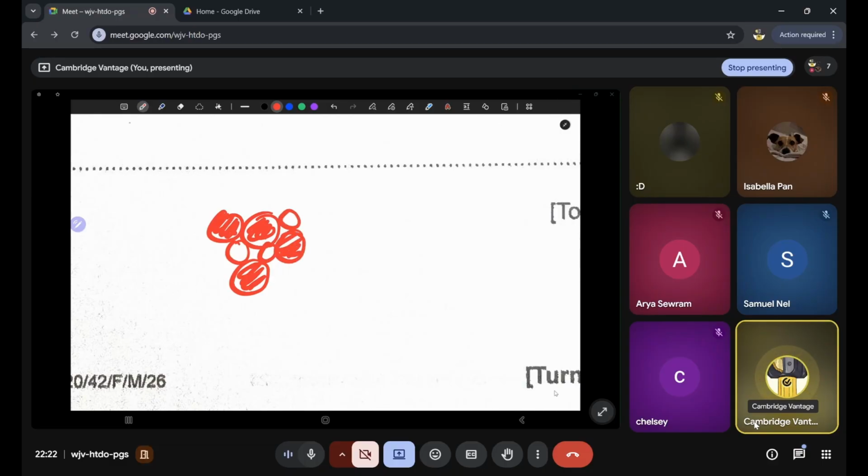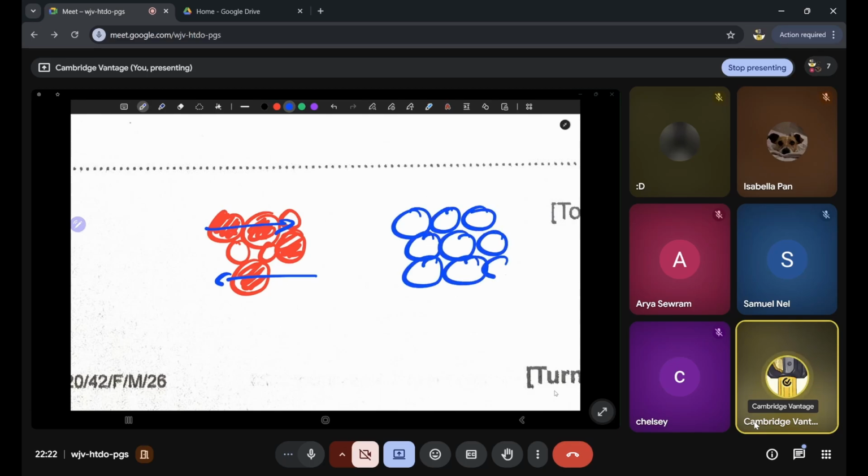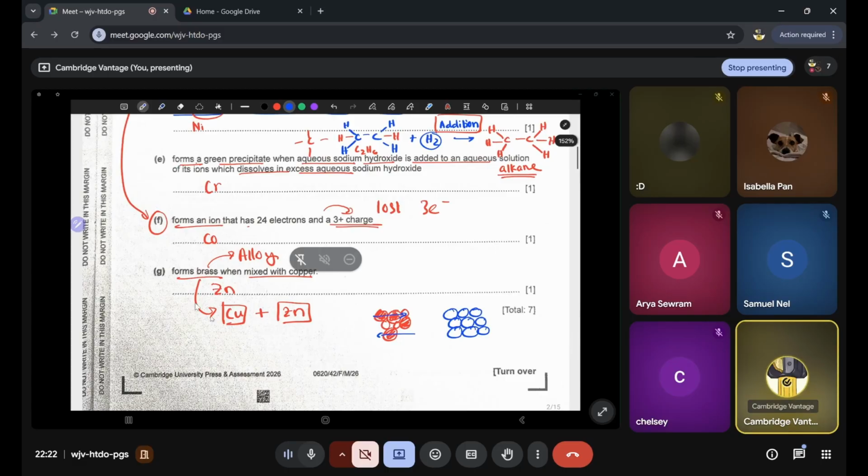It is generally stronger than the individual metal, mainly because the atoms cannot slide in layers like they would if the regular atoms were just arranged in metallic bonding. So in an alloy, since there are different metal atoms present, they can't slide on top of each other as they would compared to your regular metal. So for G, the metal that is used to form brass is zinc. Sam, it's not tin. Do make the correction. All right.